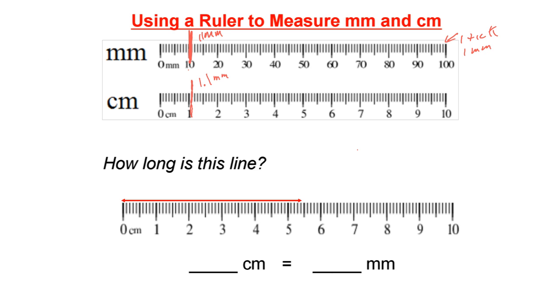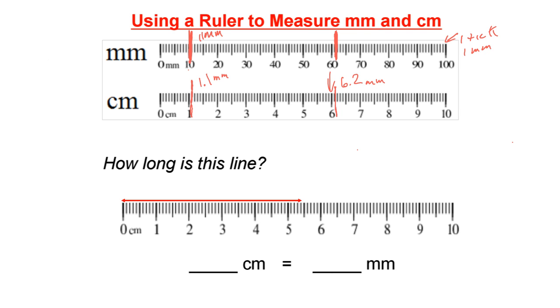So imagine I was looking at, say, 62 millimeters. I would look for the number 6, and I would look for 2 ticks past that. 2 ticks past that is, well, if that's 60, this is 6.2 centimeters.